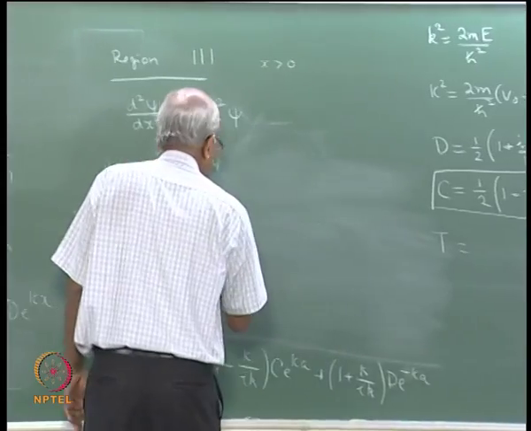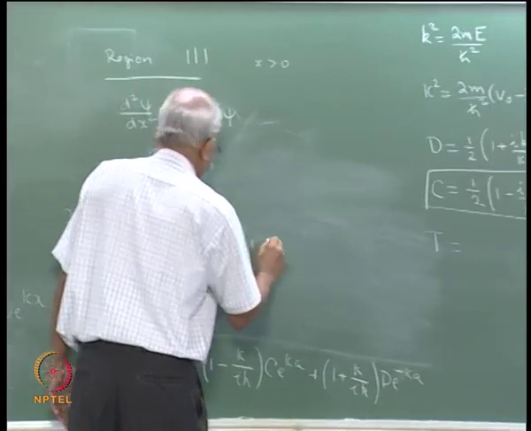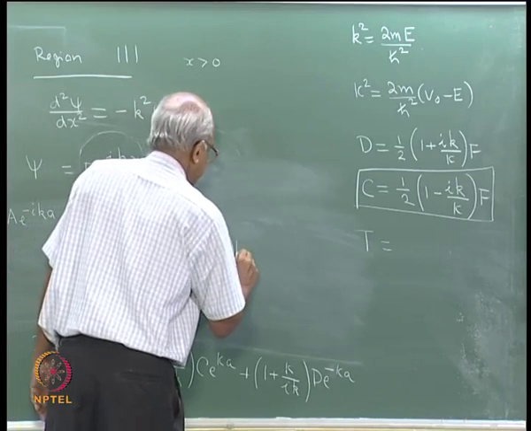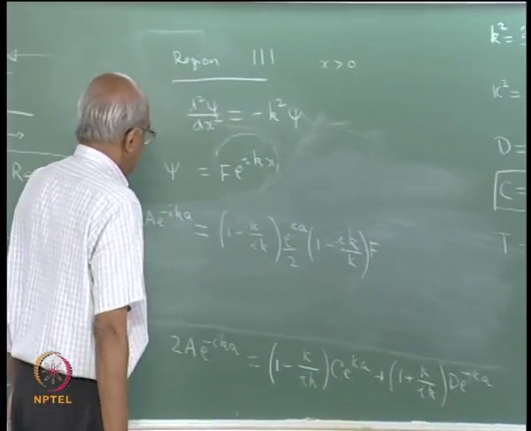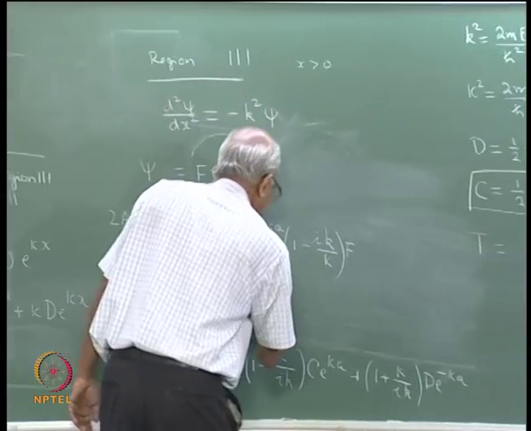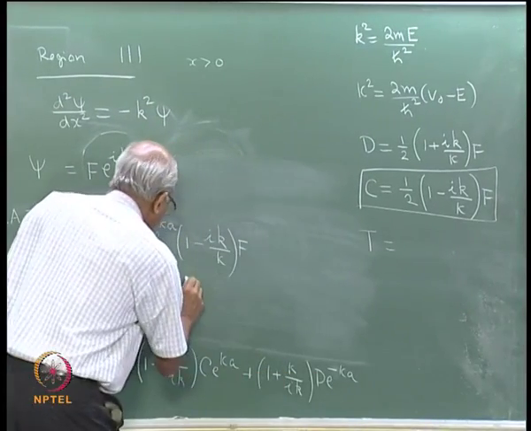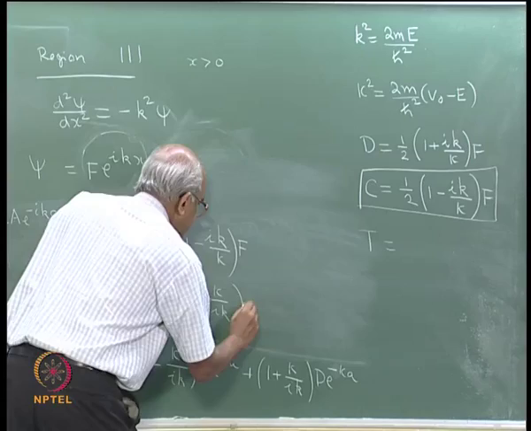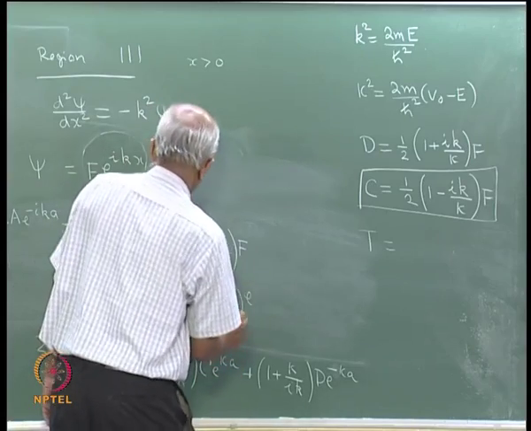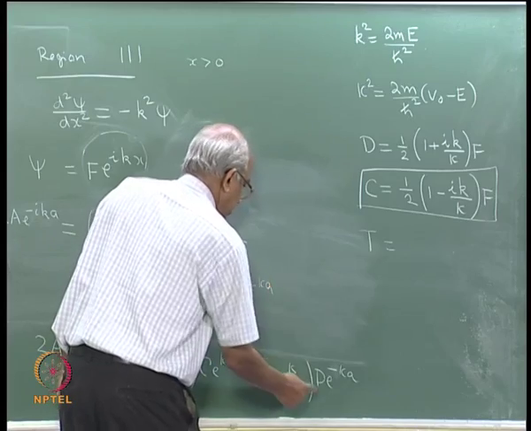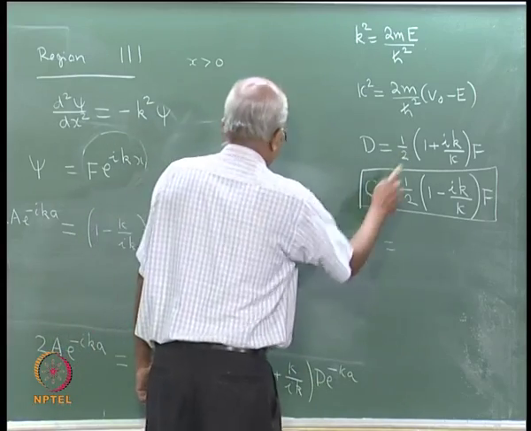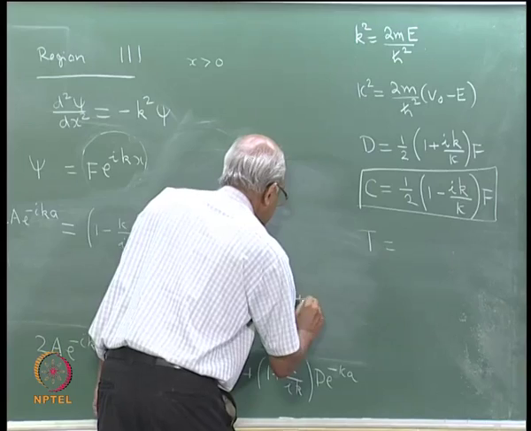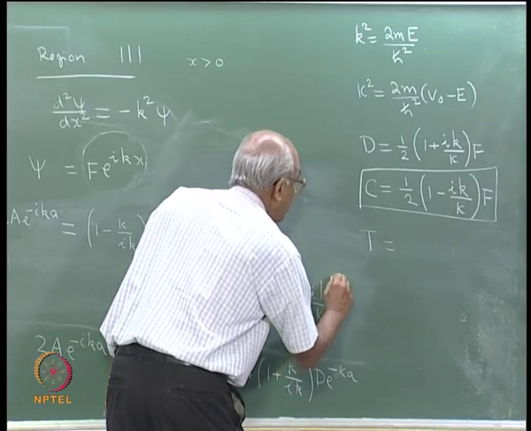So, I will have a half into 1 minus i k divided by kappa into F, plus, I am now writing this term, 1 plus kappa divided by i k into e to the power of minus kappa a, and now I should substitute for D from here. So, I will get this divided by 2 into 1 plus i k divided by kappa into F.